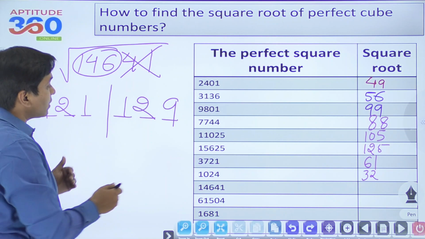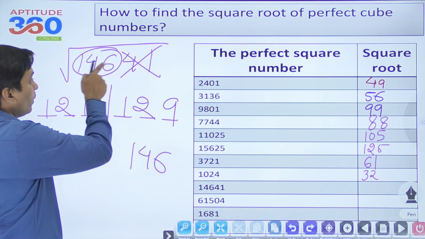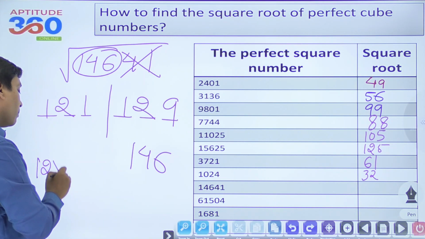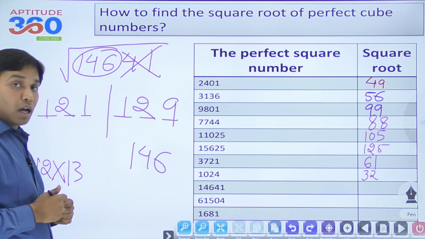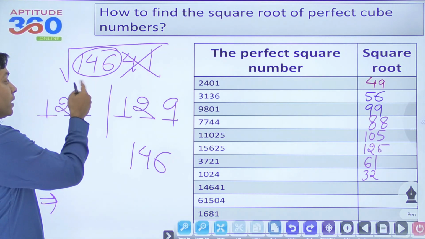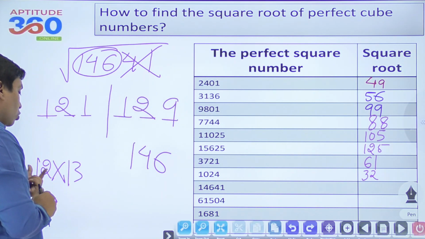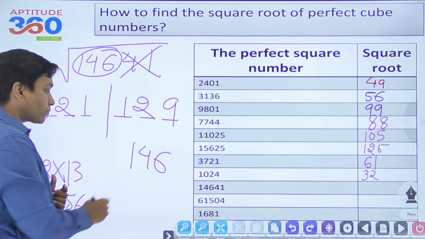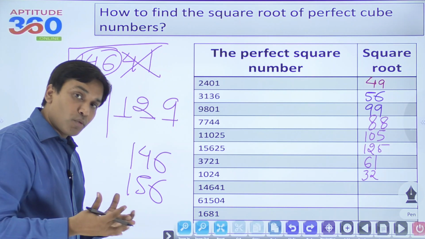And how do we discard this? Because 146 is our number over here. The number that we will be doing the comparison with is 12 into 13. How are we getting 12 over here? 12 into 13 is coming out as 156.